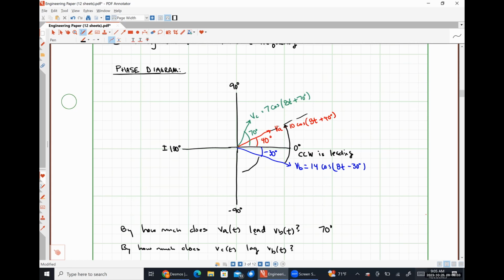So I would go from here all the way around to here. This guy right here in the center looks like 90 minus 30, so that's 60 degrees. Then I have 90 degrees, another 90 degrees, and 90 minus 70 degrees is 20. So 180 plus 80 is 260 degrees.